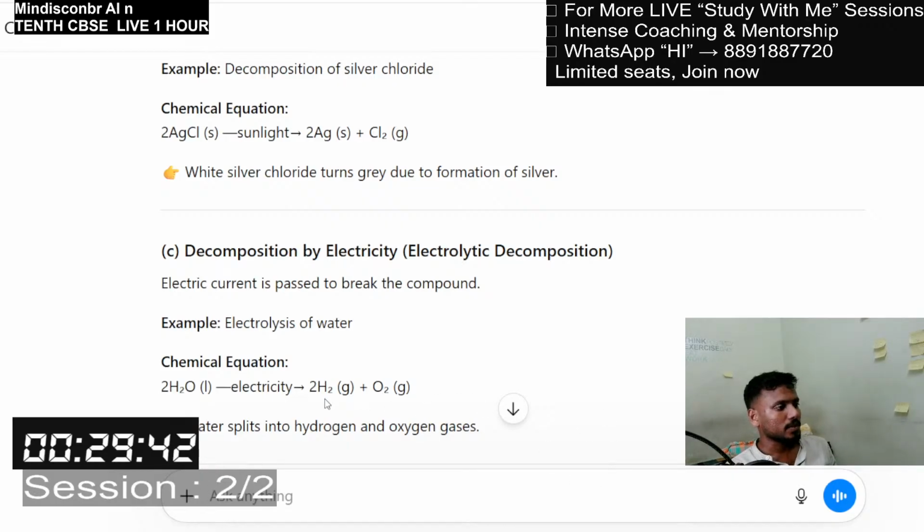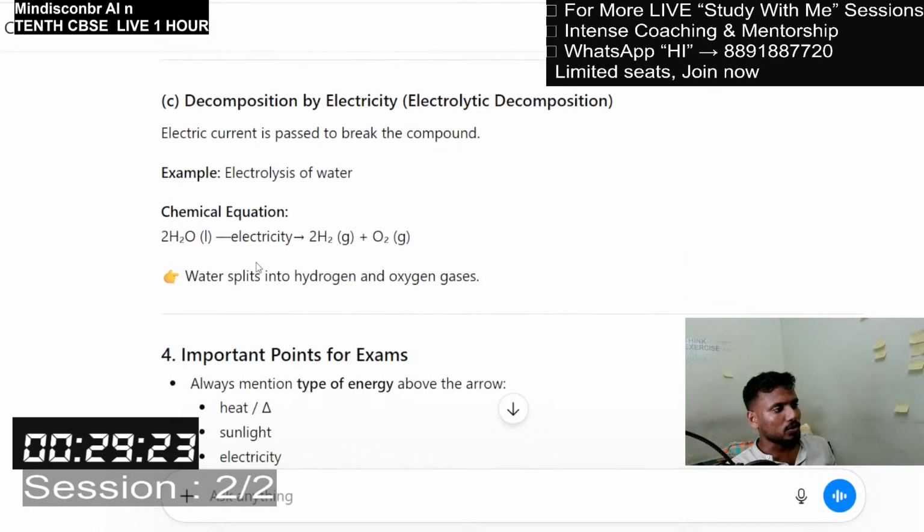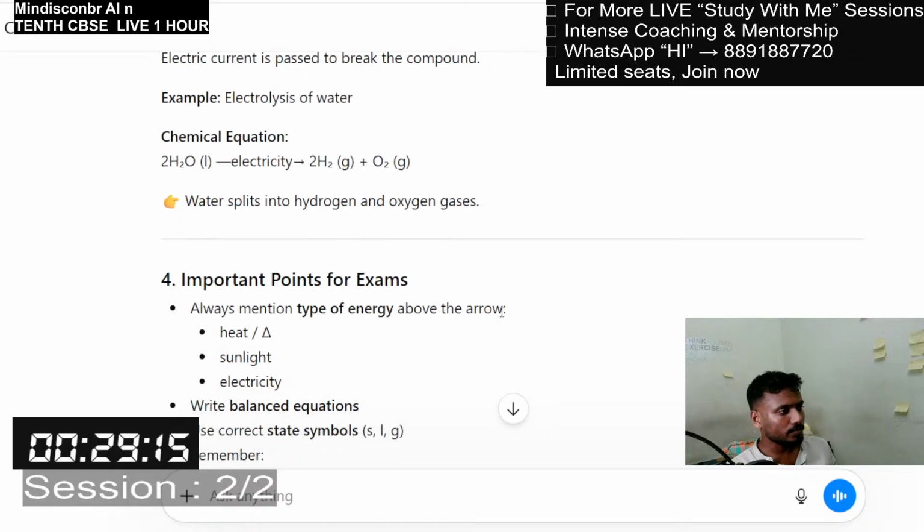Hydrogen, because in 2H2, four atoms of hydrogen are formed, whereas only two atoms of oxygen are there. Electric current is passed to break the compound. Electrolysis of water: 2H2O, on passing electricity, gives 2H2 plus O2. Water splits into hydrogen and oxygen gases.